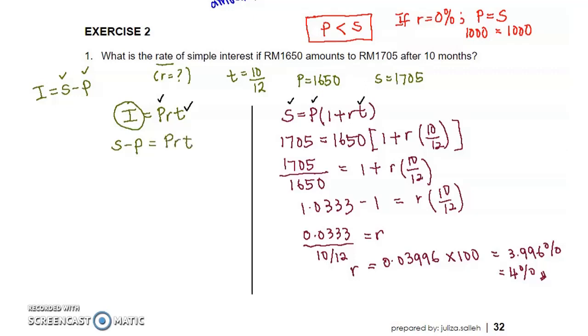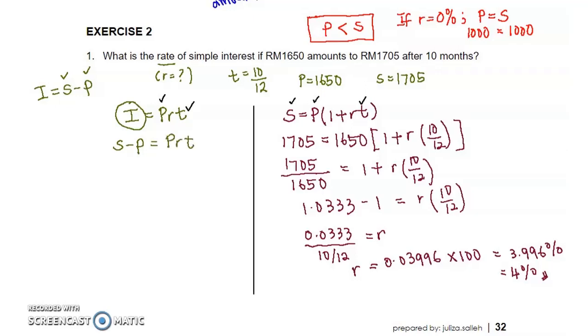So 1705 minus 1650 equals P, 1650, times R times T. This amount of interest is 55 ringgit.